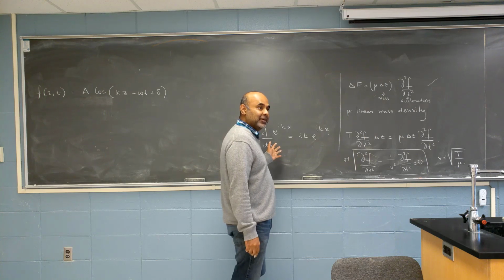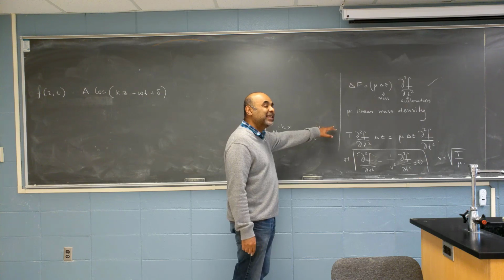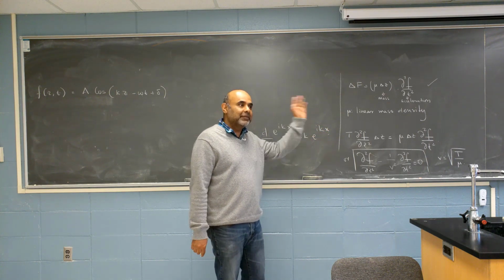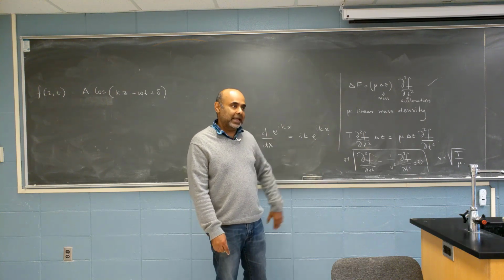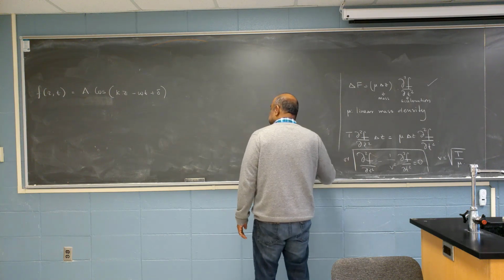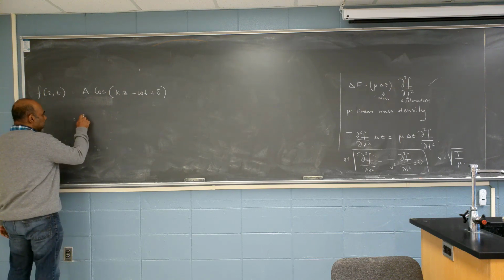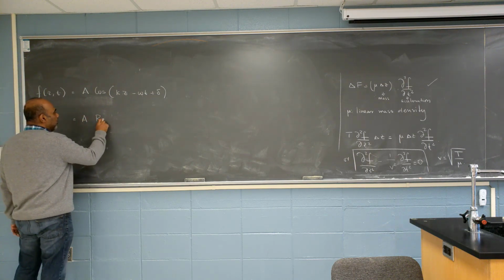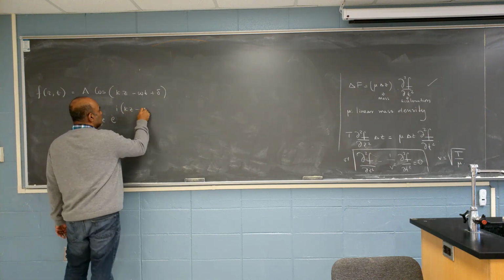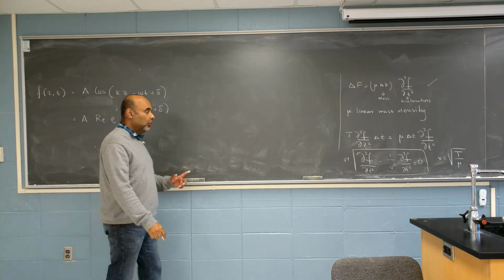So again, it's calculus. I mean, it's algebra. Every time you take a derivative, the coefficient comes out, and you get that same function back. So no matter what derivative you take, you'll always have e to the ikz. So what we want to do is not do calculus, but just algebra. So we'll write this as A times the real part of e to the i(kz minus omega t plus delta), using Euler's formula.